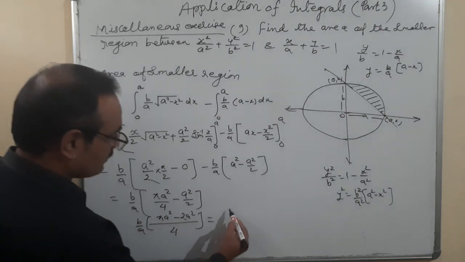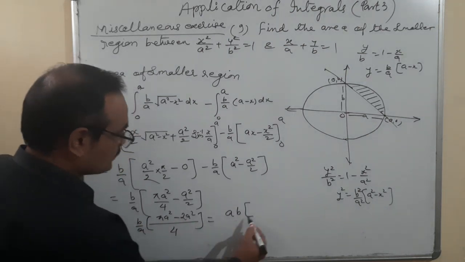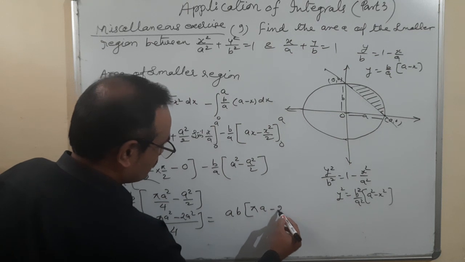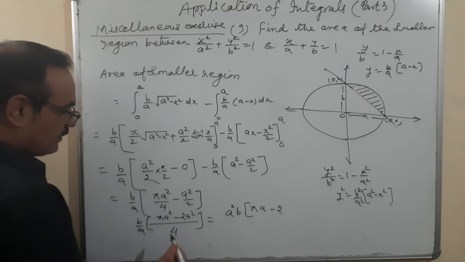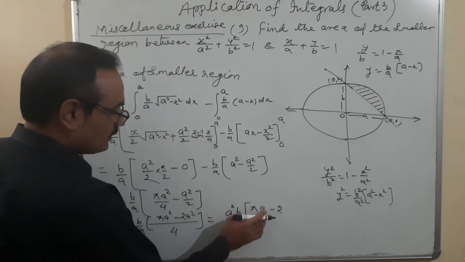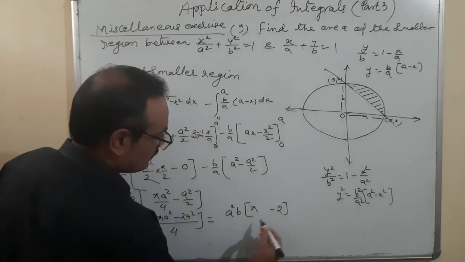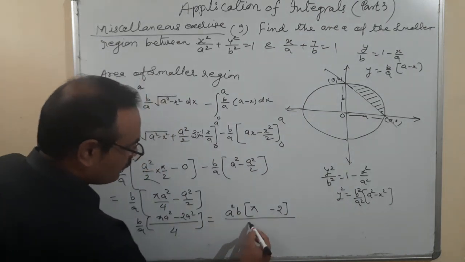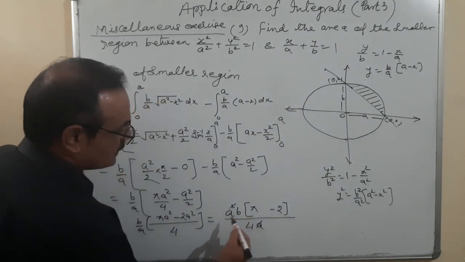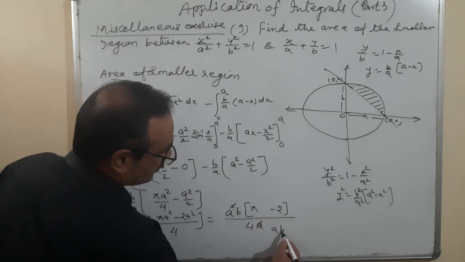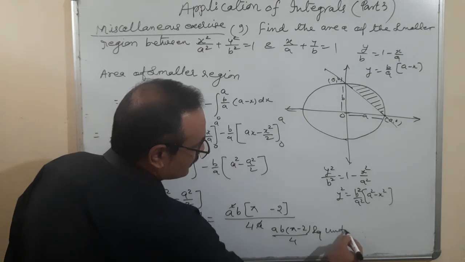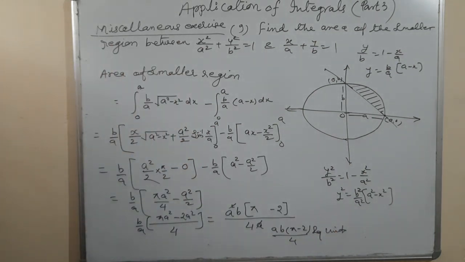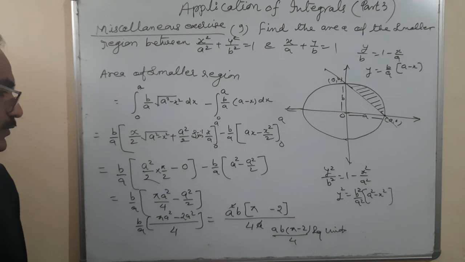A common, ab upon it is pi a minus 2a. By the way, I'll take a square common. So it is pi minus 2 upon 4a. 1a cancel. So ab times pi minus 2 upon 4 square units. Okay. ab times pi minus 2 upon 4 square units.